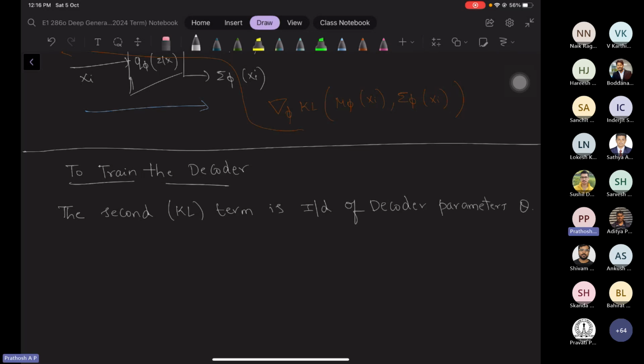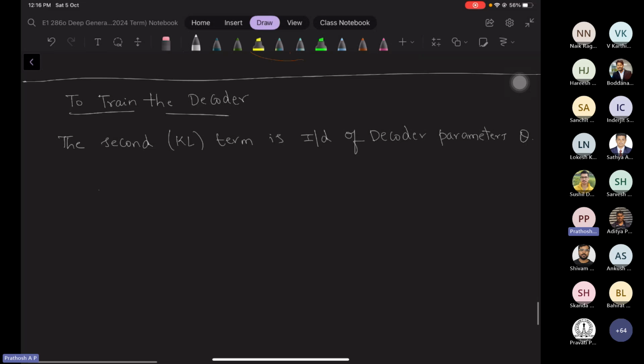We don't have to use that at all. Now what we should do is that we just take an xi to have q phi of z given x.